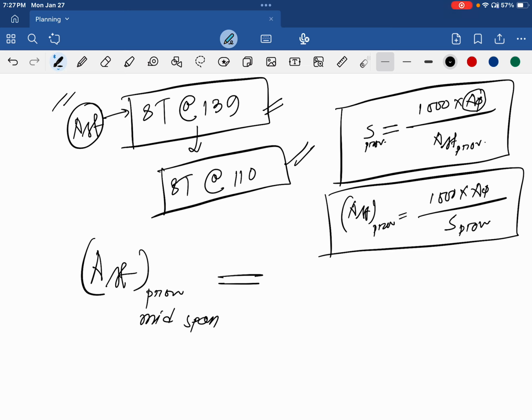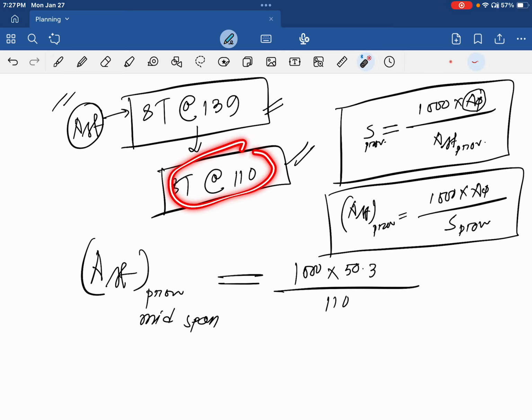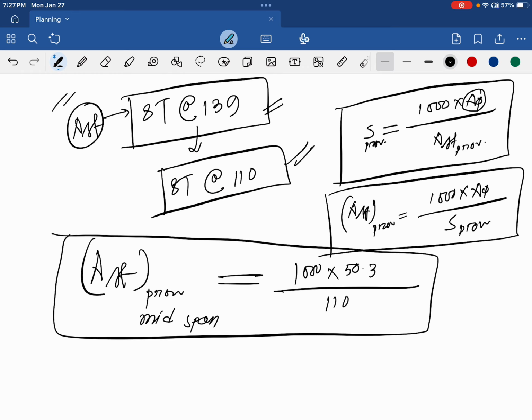If you do this calculation, AST provided will be 1000 multiplied by the area of an 8 mm dia bar, 50.3, divided by spacing provided, 110. So what is the AST provided at midspan?